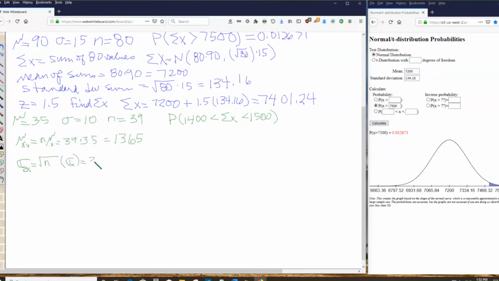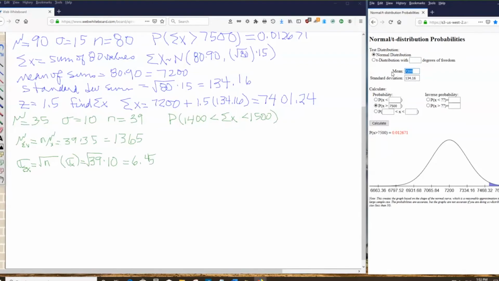So that's going to give me, excuse me, the square root of 39 times 10, which is going to give me 62.45. Once again, I'm going to go ahead and just put those in my online calculator.